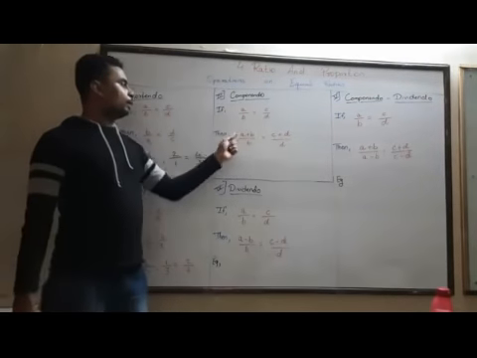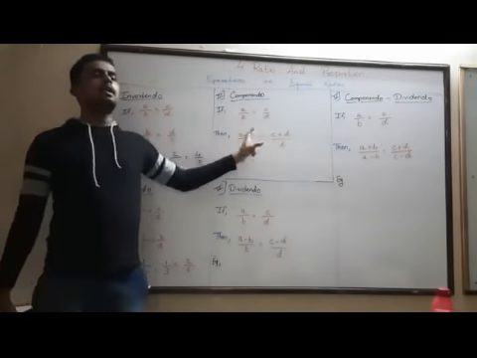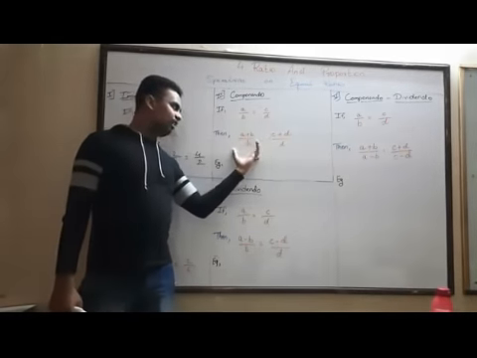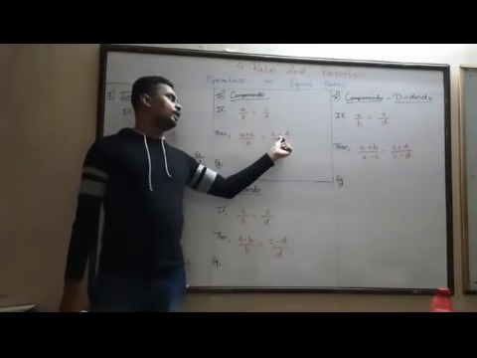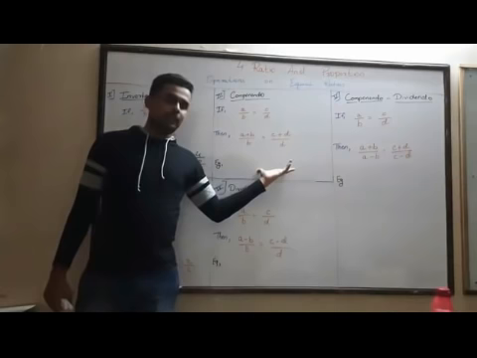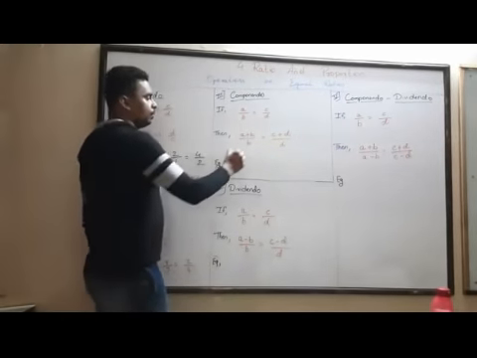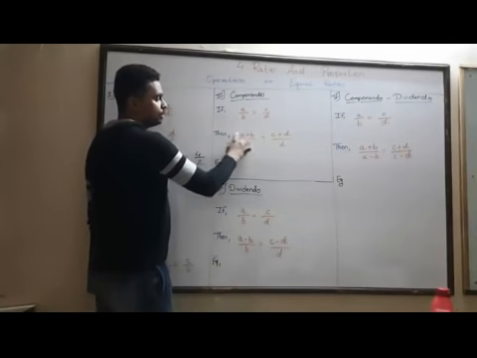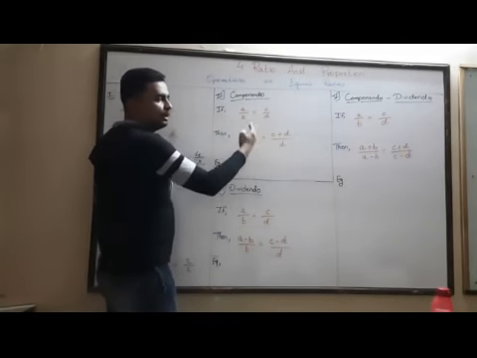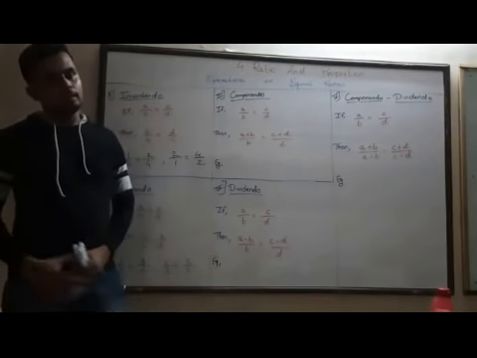So by componendo what we get is A plus B, that is, numerator plus denominator, upon the denominator of one ratio, is equal to numerator plus denominator upon the denominator of the second ratio. This is componendo. Componendo means if in one ratio I add the denominator, then in the second ratio also I will have to add the denominator.